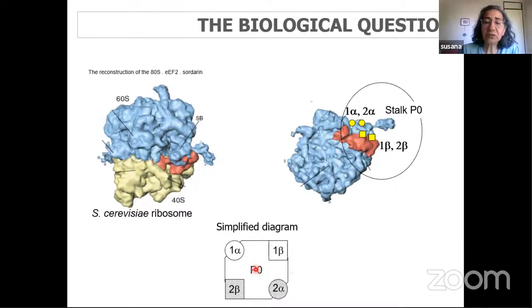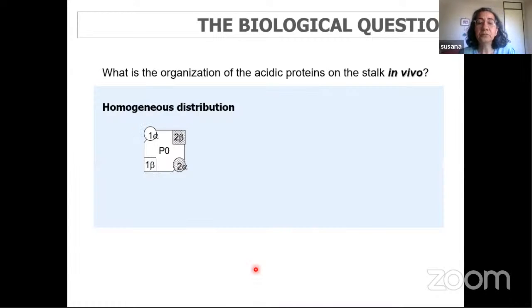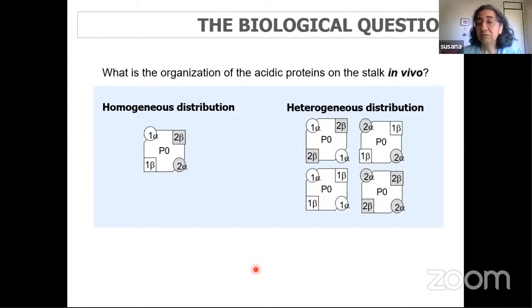So the question this group had was, is the organization of these 4 proteins homogeneous in all the ribosomes, meaning all the ribosomes have the 4 proteins, or is it heterogeneous, meaning any of 4 possibilities, essentially with different combinations of proteins? Why was that important for them?